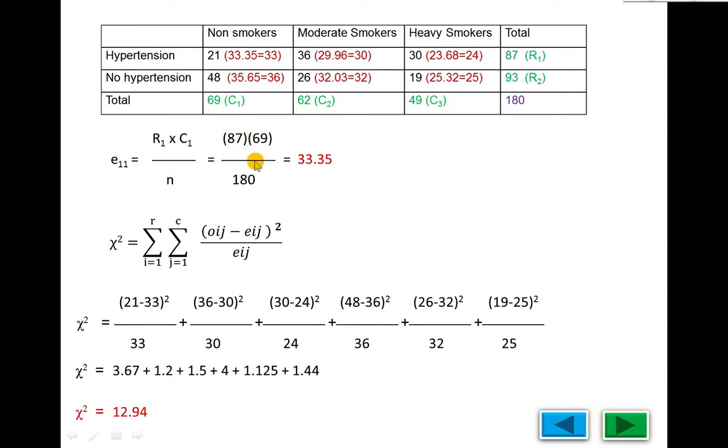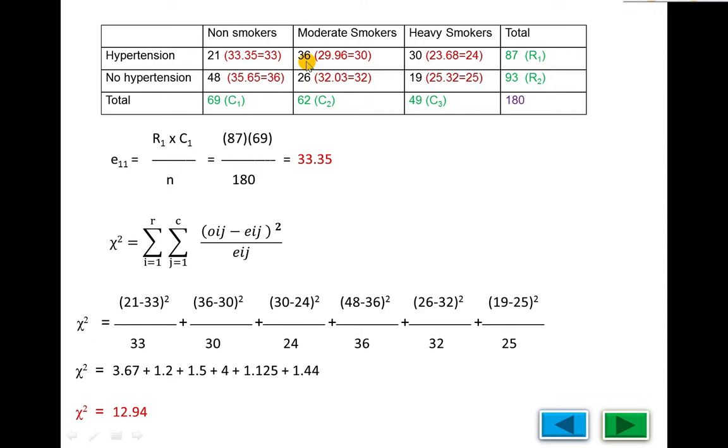Multiply both values and divide by the grand total 180, and you will obtain the expected frequency 33.35. Frequency is a discrete type of variable, so we write it as a whole number. You can also use the value 33.35 as it is for calculation, or you can write it as a round figure.